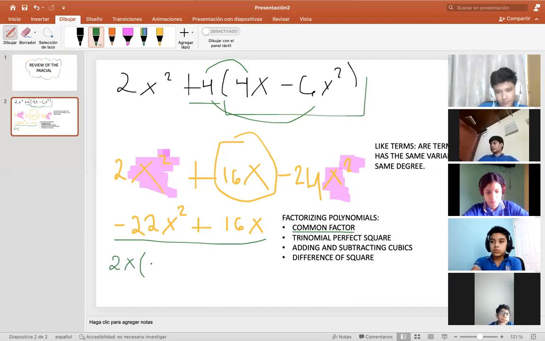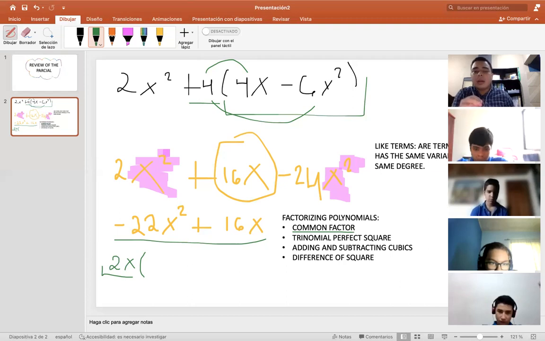Remember that inside that parenthesis, we need to write a number and a variable that, multiplying with the 2x, gives me negative 22x squared. So which term multiplying by 2x gives me negative 22x squared? Negative 11x.